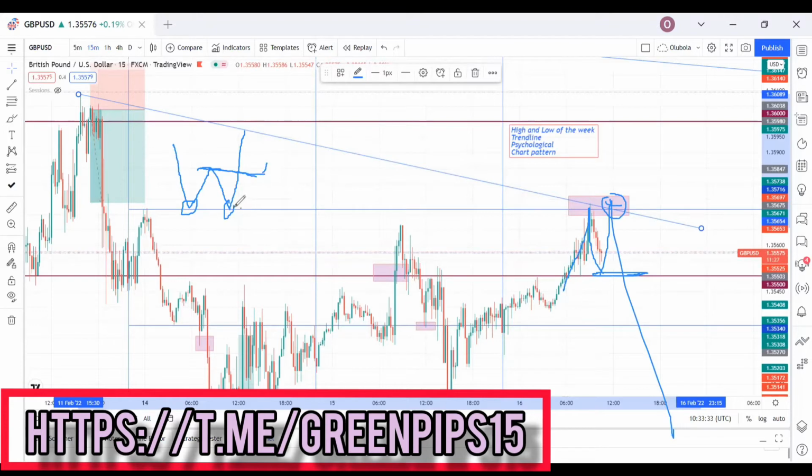But I will choose to come in from here. So that is why I said some people have started selling in this market already. I am waiting for it to retrace back here, then I join in from here. And some people will tell you they will not enter from here. They will wait till this retracement breaks this point before they join. It works for them. That is their belief. This is my own belief.